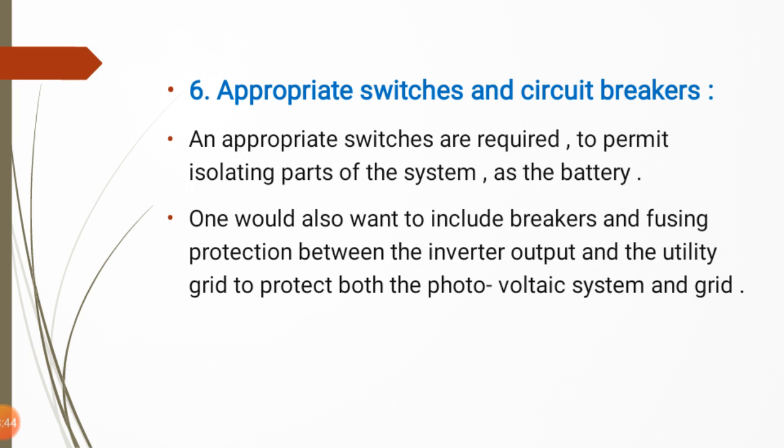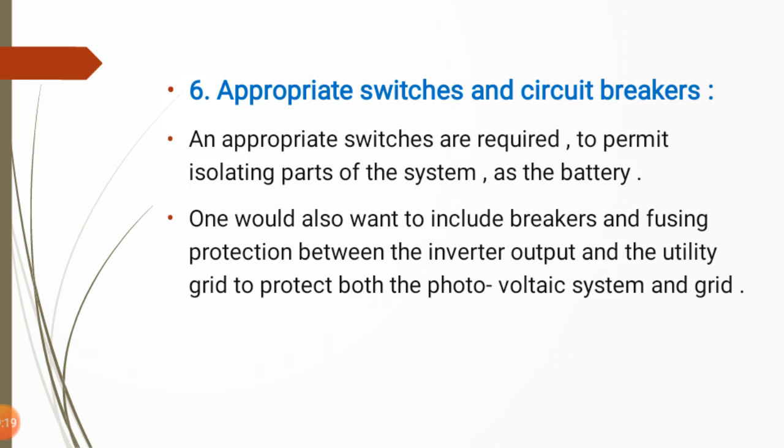One would also want to include breakers and fusing protection between the inverter output and the utility grid to protect both the photovoltaic system and the grid. That means sometimes we require circuit breakers in between the inverter and the utility grid, that is, the electricity network from where the energy can be distributed, and the inverter converts the DC into AC.